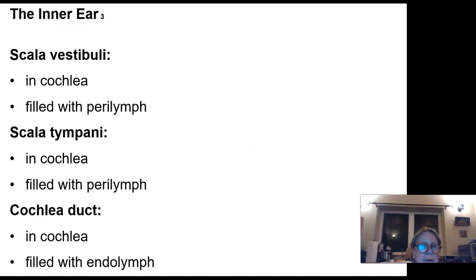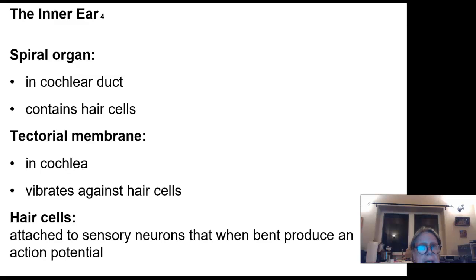Inside there are different vestibules. You really don't have to remember them, but they are filled with fluid, and this becomes really important later on when we talk about balance. It also has a spiral organ, a tectorial membrane, and hair cells. Hair cells are important, and they're attached to sensory neurons that, when bent, produce an action potential.